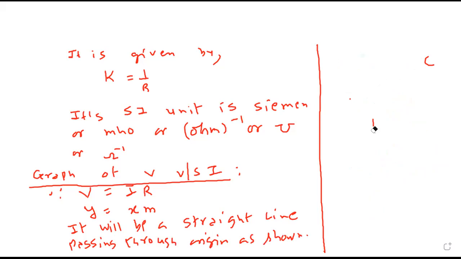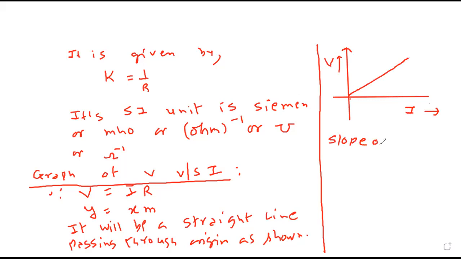Slope by comparison will be R. So if y axis you take for potential and x axis for current, this is V, I, this is straight line passing through origin.